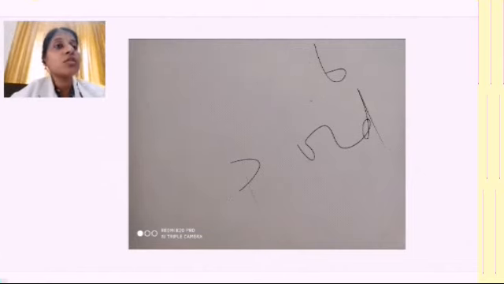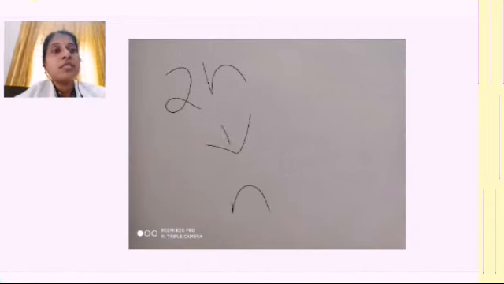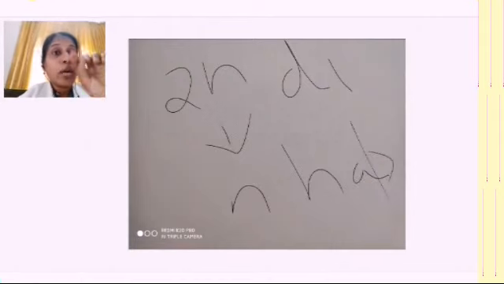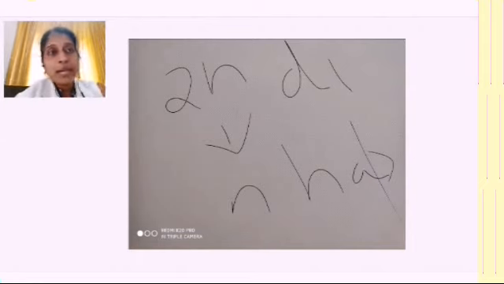When meiosis is taking place, this 2n is converted into n, which means the diploid is converted into haploid. So n is referred to as haploid, and 2n is referred to as diploid. N is half the number of chromosomes, and 2n is the full set of chromosomes in an organism.